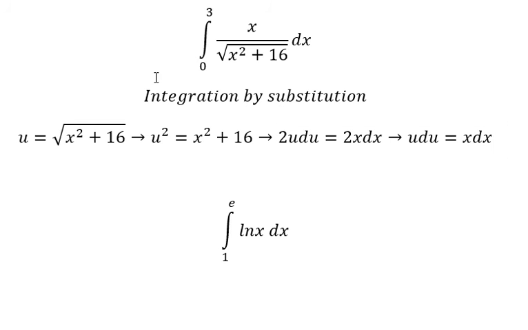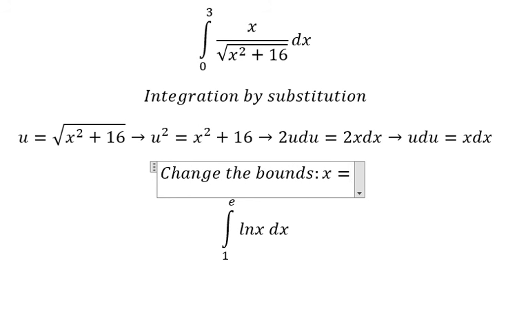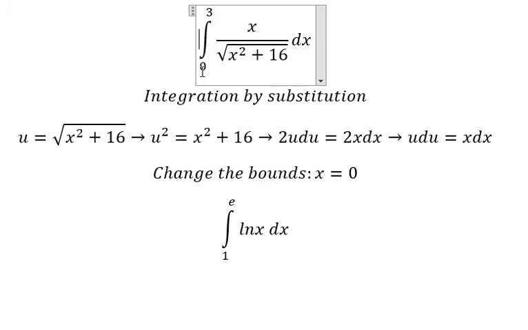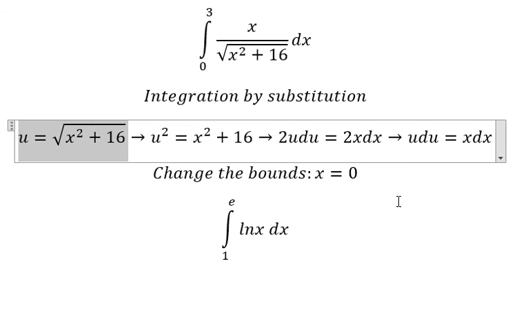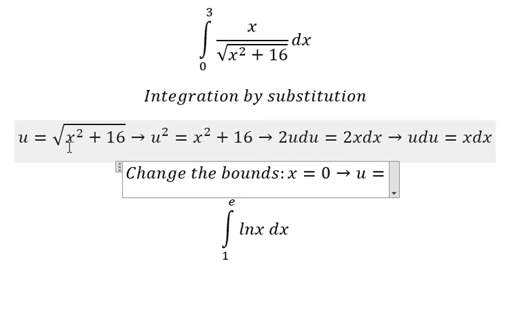Next, we need to change the bounds. When s equals number 0, that's it from here. So I will put number 0 in here to find the value of u. So u equals the square root of 0 square plus 16.